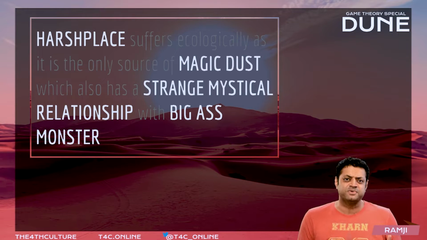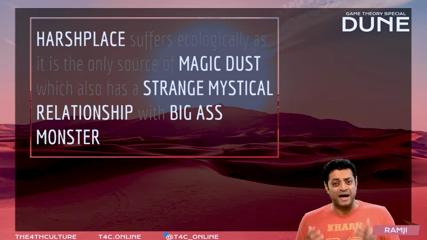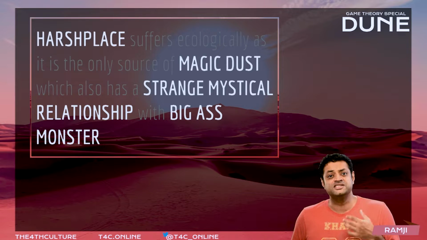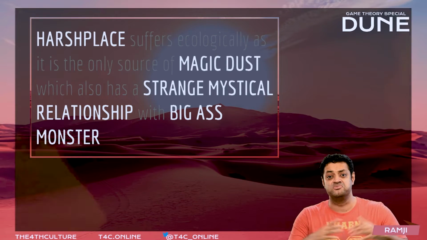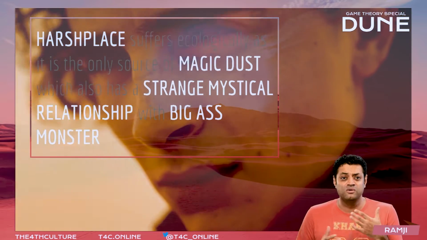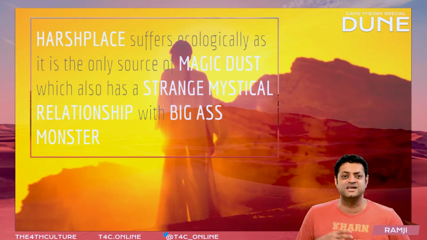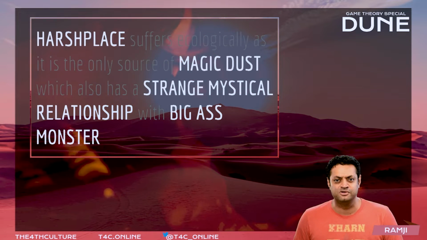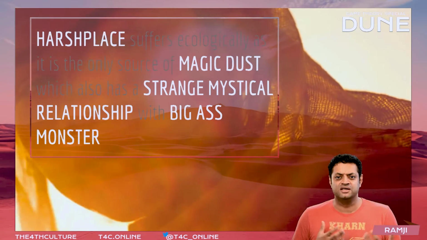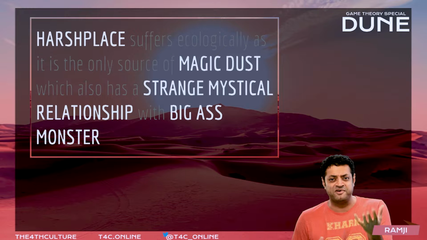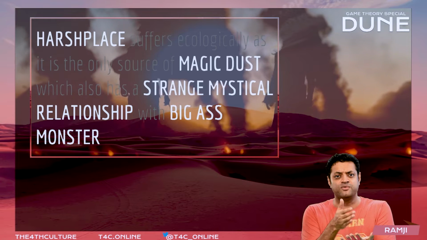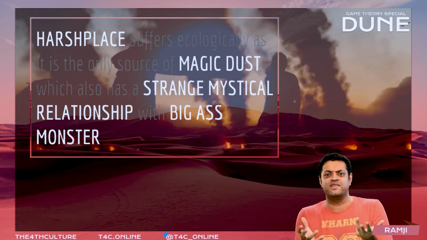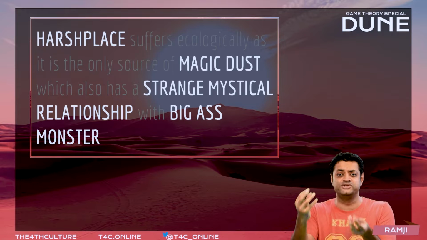And HARSHPLACE itself suffers quite badly ecologically, as it's the only source of magic dust in the known world, which also has a bit of a problem because there's this strange mystical relationship with some big ass monsters that inhabit HARSHPLACE. The fact that it's harsh is the reason why you get the magic dust, and the fact that these big ass monsters exist is the reason you get the magic dust.